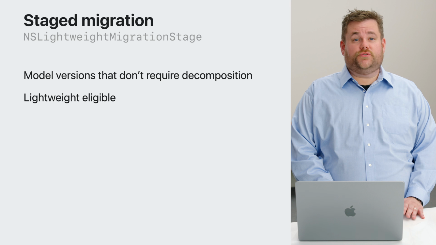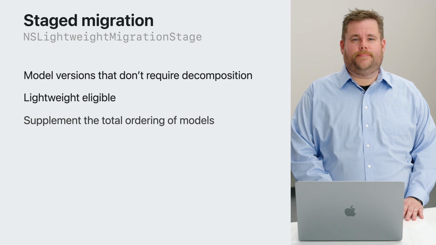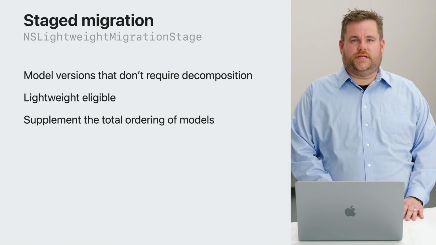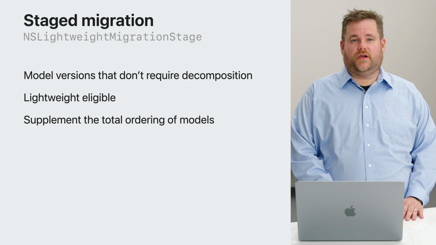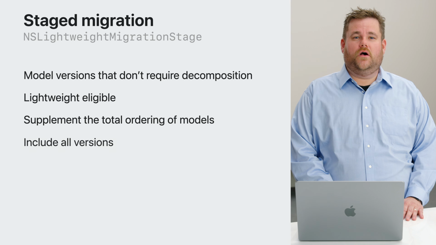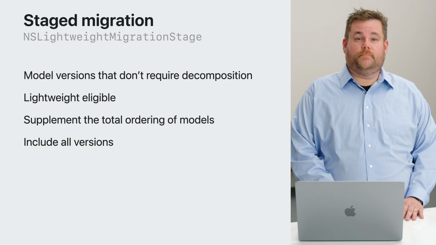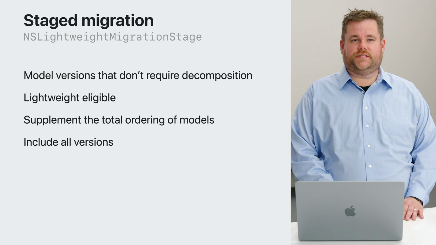This will likely be the majority of your models. These lightweight migration stages are used to supplement the total ordering of models described to Core Data. All lightweight model versions must be represented in one or more NSLightweightMigrationStages.